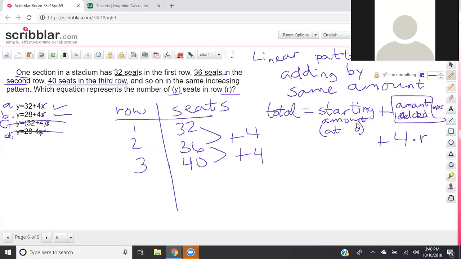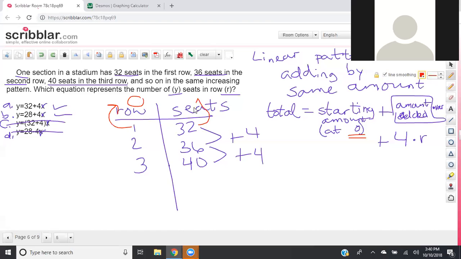It says the starting amount at 0, and 32 is when you're on row 1. So that's why it's important to know the starting amount at 0, because we've got to actually go backwards. We want to go back to, what if we had a 0 row, even though logistically we would never have a 0 row. Mathematically, we have to do it this way.